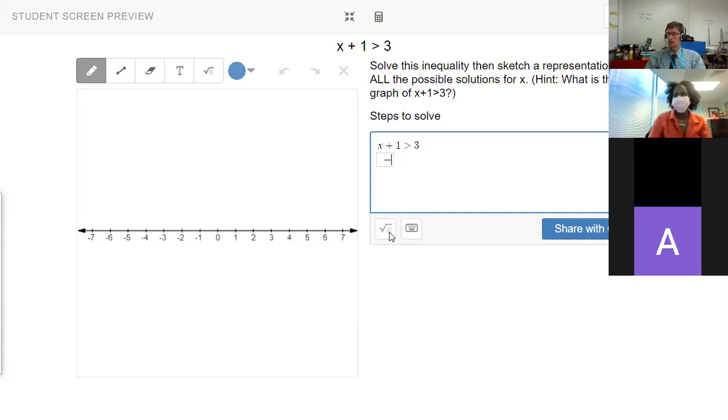Because we're already adding, we want to do the inverse. So what's going to end up here? What's our final answer? 1. So we have 1 plus 1 minus 1. And then what's on this side over here?